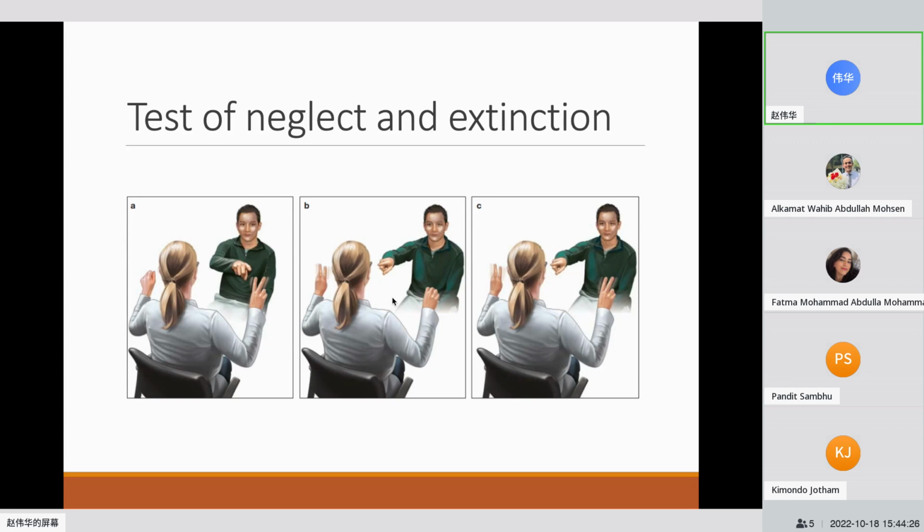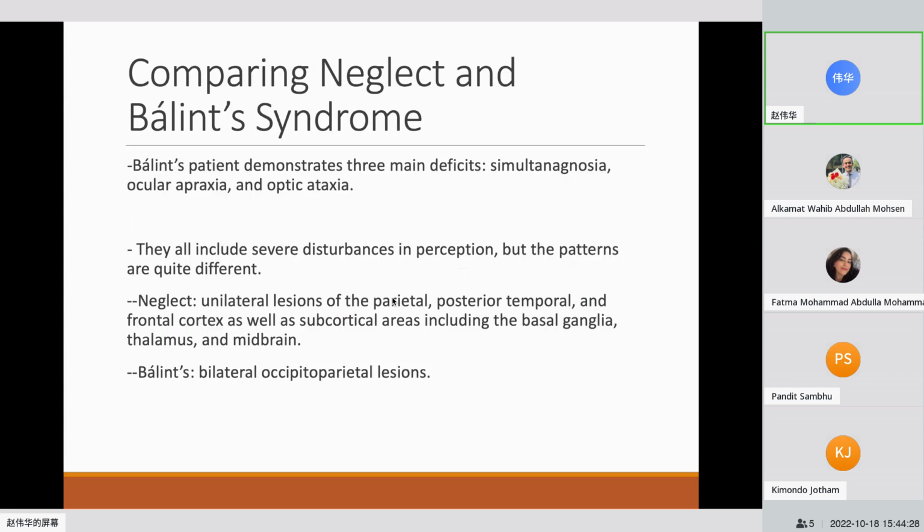contralateral stimulus. But do you still remember at the beginning of this attention course, I introduced the Balint syndrome. So there are some differences between these two kinds of disease. The first one is about simultanagnosia, and ocular apraxia, and optic ataxia.